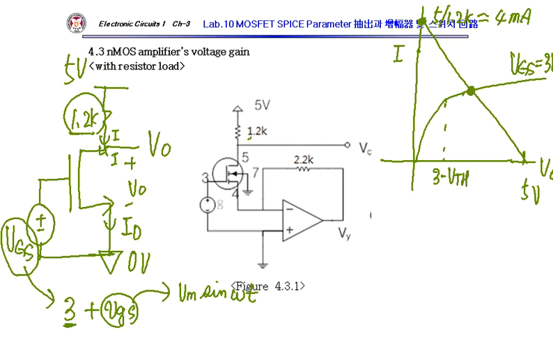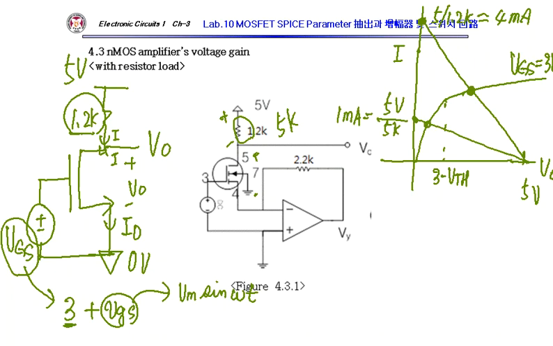If I put a large resistor, for example 5K, then I have a large voltage drop there, right? So this voltage will be reduced. That can be seen in the load line like that. In this load line, this is 5 over 5K, which is only 1 milliamp.